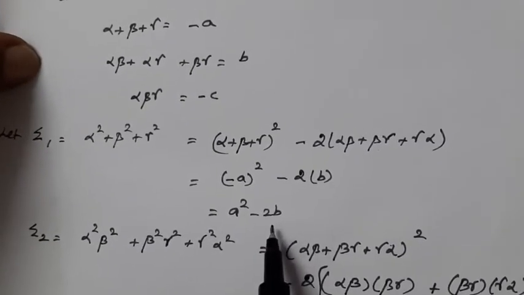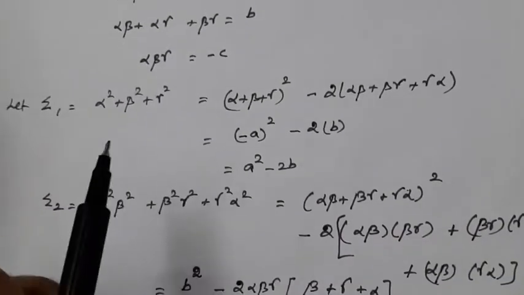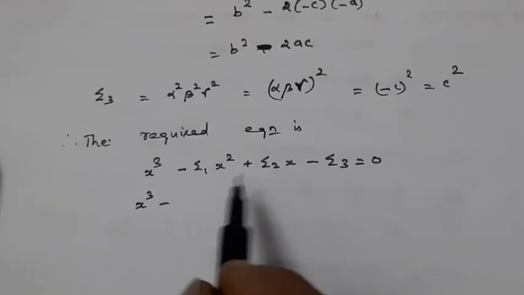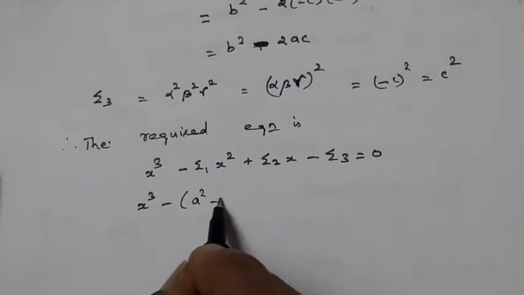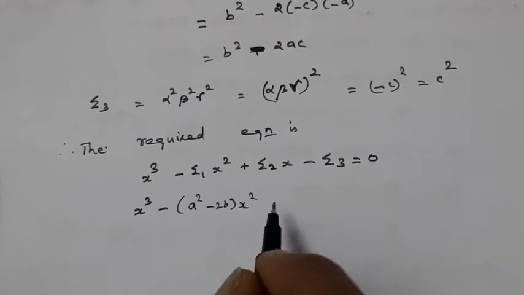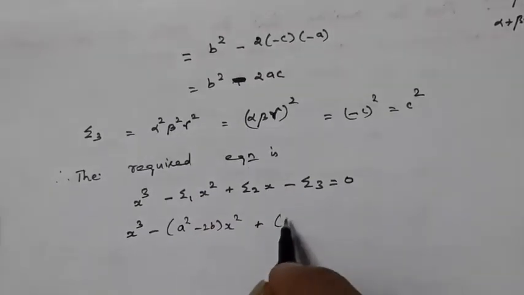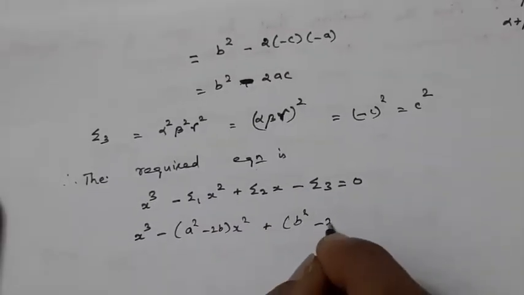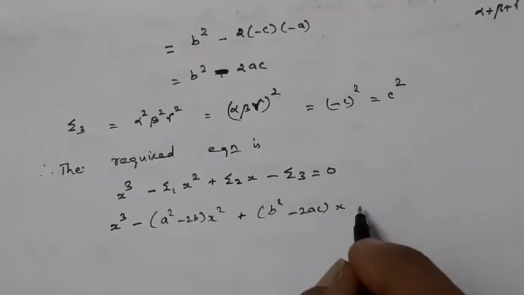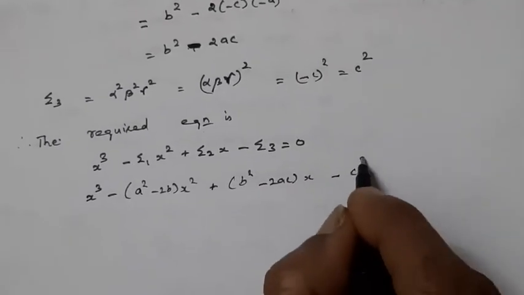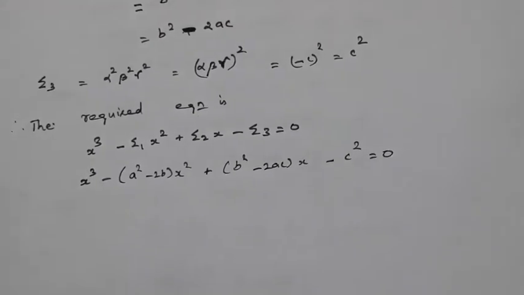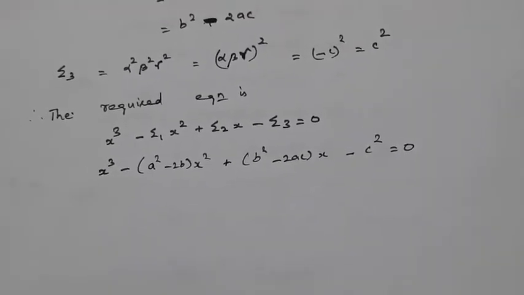Sigma 1 is a squared minus 2b. Okay. So a squared minus 2b into x squared plus sigma 2, which is b squared minus 2ac, into x, and then minus sigma 3, which is c squared, is equal to 0. So that's all. This is the required equation.